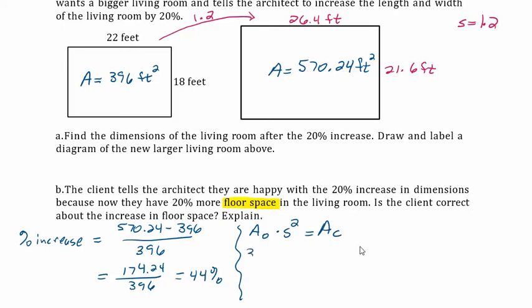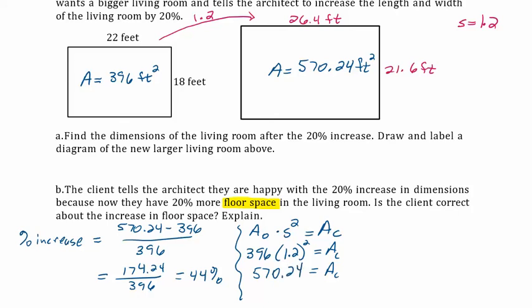So the area of the original was 396. s is 1.2 squared. Let's multiply that. 396 times 1.2 squared, look at that, is 570.24.